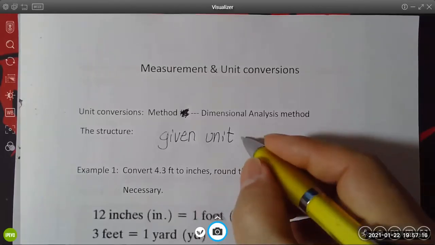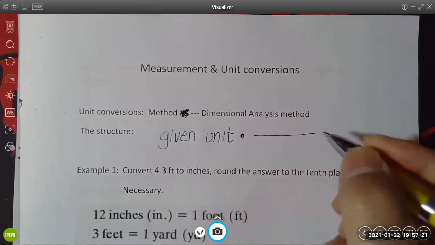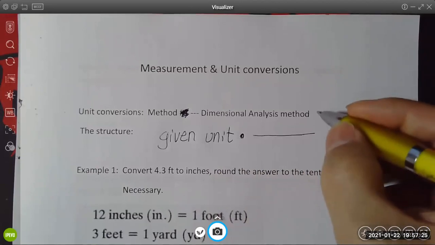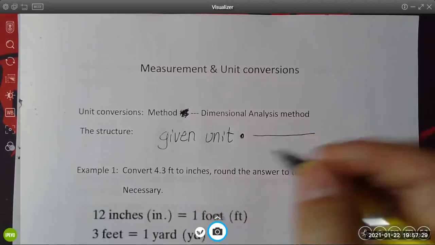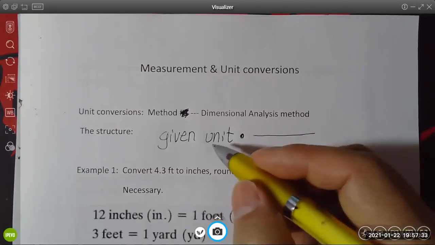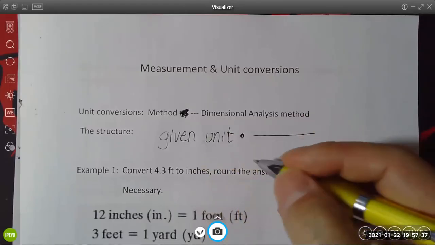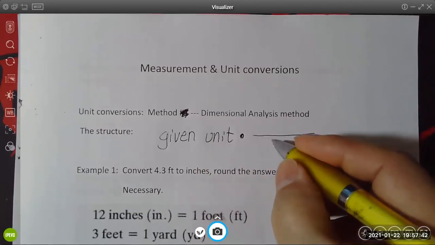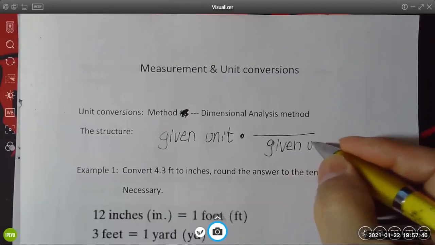Then after that, you will multiply a fraction. And this fraction is called a conversion factor, which is just a relation between the two units you want to do a conversion with. So the goal is to cancel this given unit so that you only have the unit that you want left. For that reason, we want to put this same given unit on the bottom.